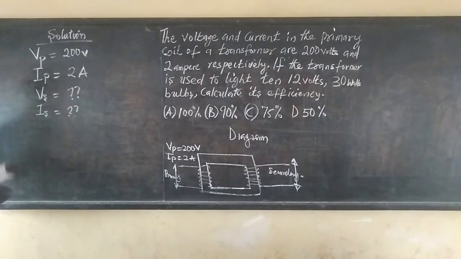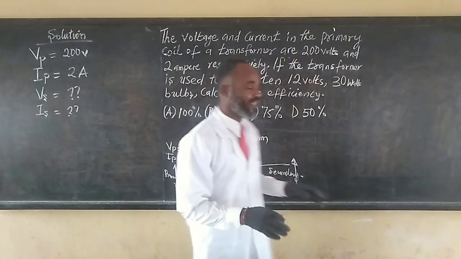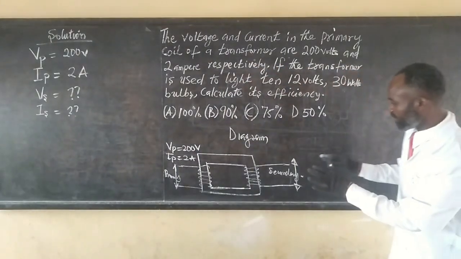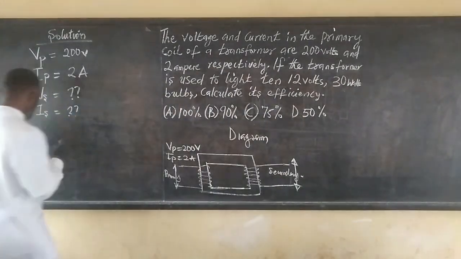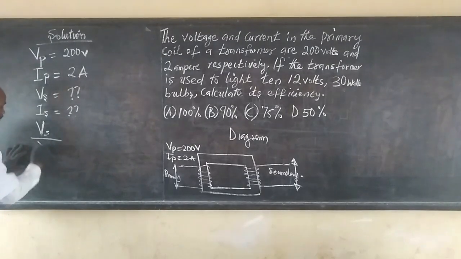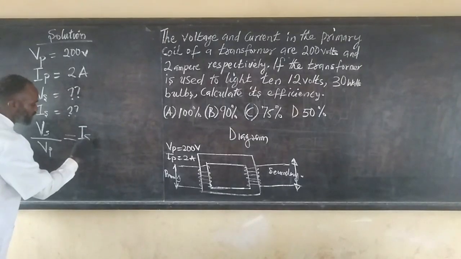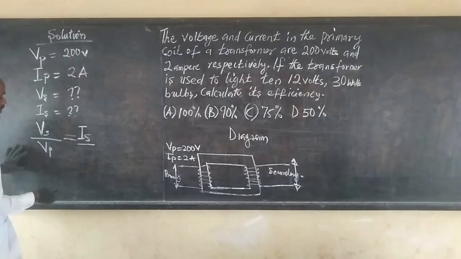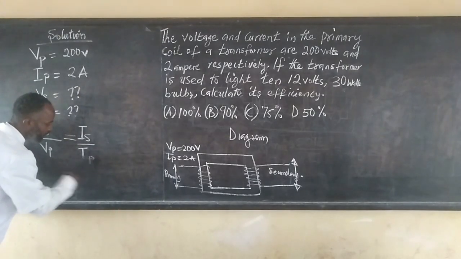Some persons will think this is a problem, and then we need to specify the appropriate formula to use to find the efficiency here. And that will be the secondary voltage Vs over the primary voltage Vp is equal to the secondary current Is over the primary current Ip.